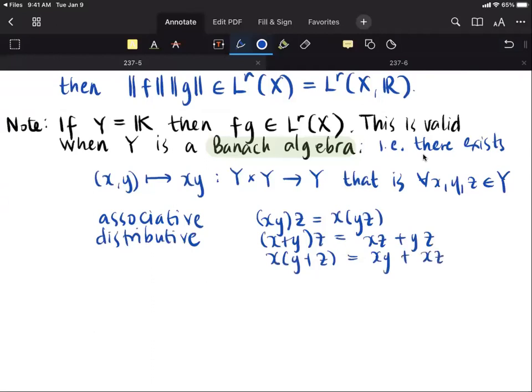And it is also distributive in this sense: alpha times xy is equal to the quantity alpha x times y, and this is equal to x times the quantity alpha y. Of course, here alpha is a scalar.